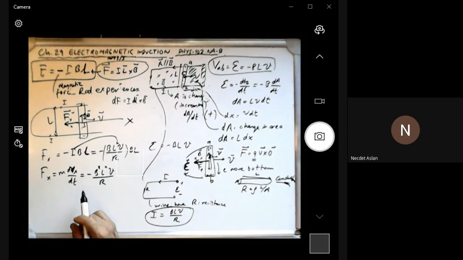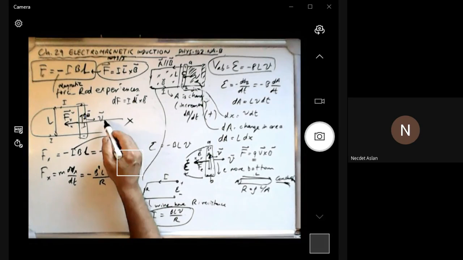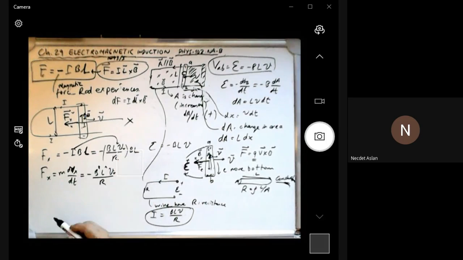Of course, the rod resistance will be very small, but still it will have a resistance value. This v is also Vx, because V is in the direction of x. So this is just a one-dimensional problem, dVx. We would like to solve this equation if possible.